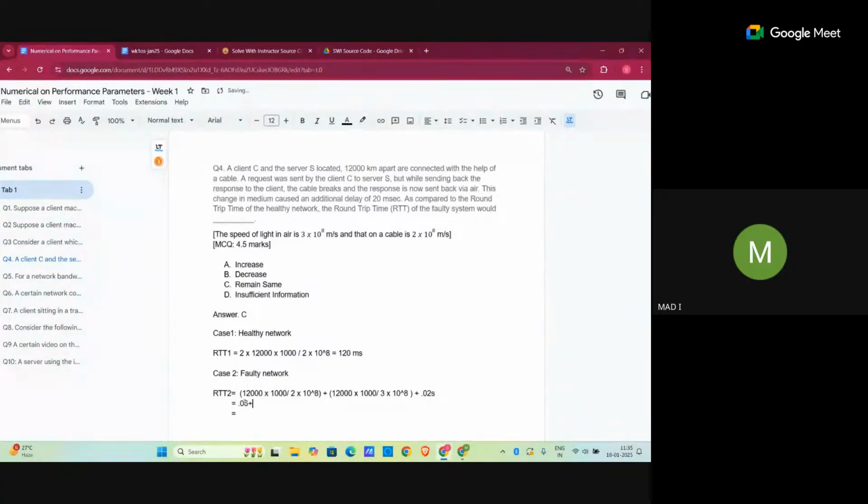plus, here it is 3 4s are 12, 0.04, plus there is additional delay of 20 milliseconds. So we will add this 0.02. So if we convert it into milliseconds, it will be 120 milliseconds, or I can write it as 0.12 seconds.